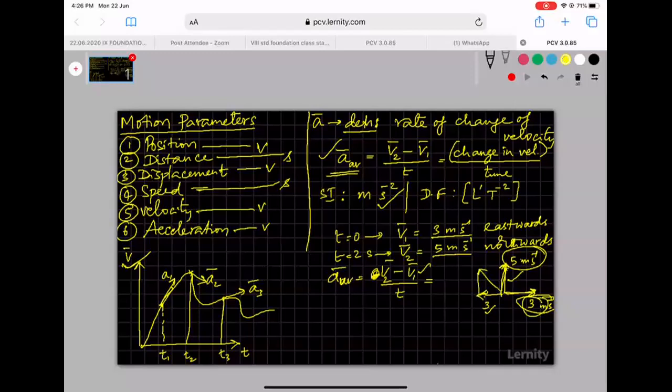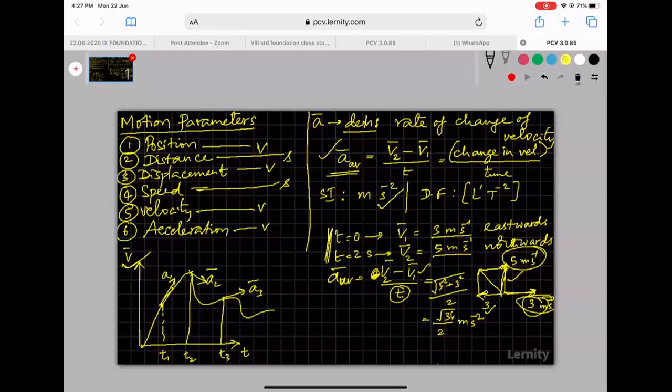This is basically the diagonal of the rectangle, which is the root of 5 square plus 3 square in length. That is the amount of change in velocity during 2 seconds. That divided by 2 gives you the average acceleration. 25 plus 9 is 34. Root of 34 whole divided by 2 meters per second square is the average acceleration during these 2 seconds.